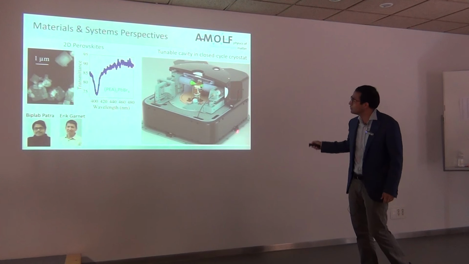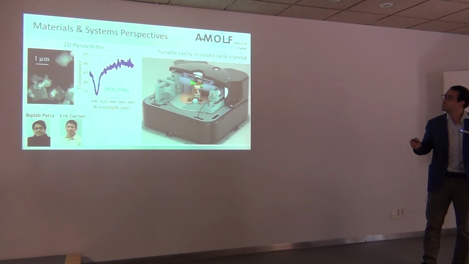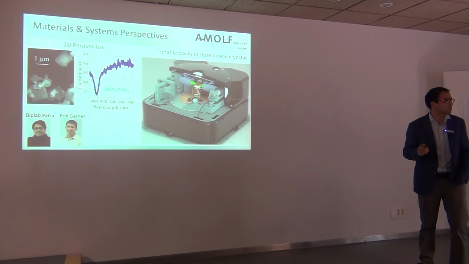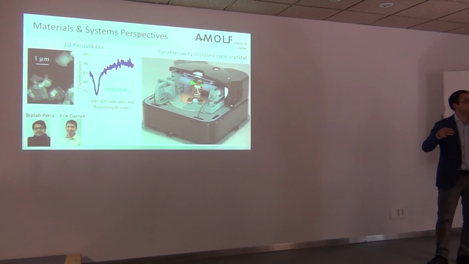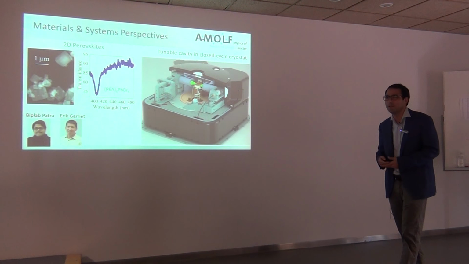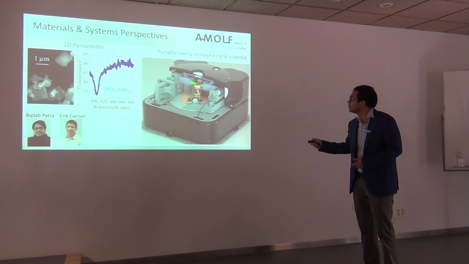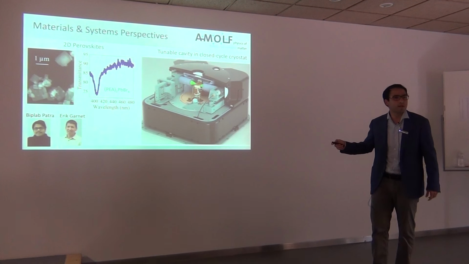And the other system that we're currently building is we want to do what I just told you for the first time in a closed cycle cryostat. And so here the main challenge is stability, right? So we get all this versatility and flexibility of the system, but the price we pay is, of course, mechanical stability. And so we are working on building this system. This is a new cryostat.